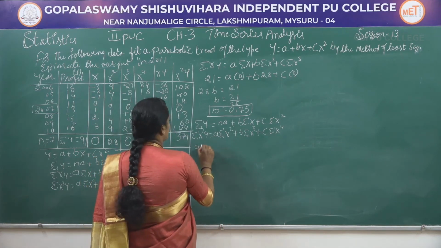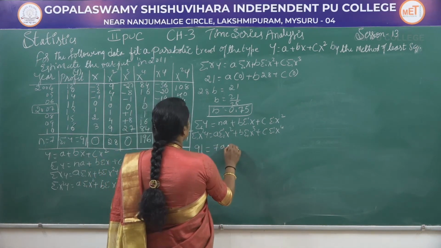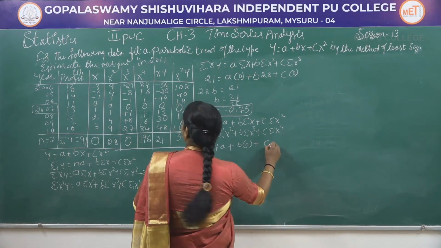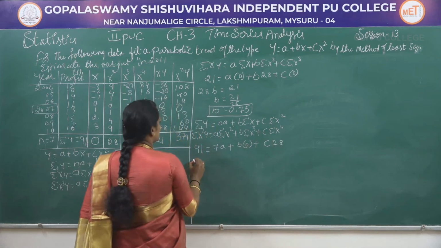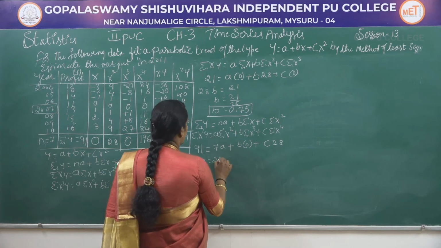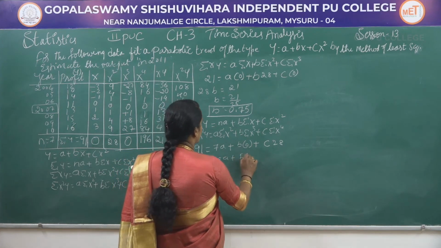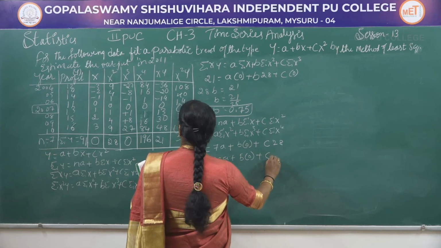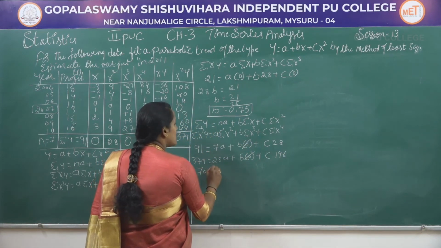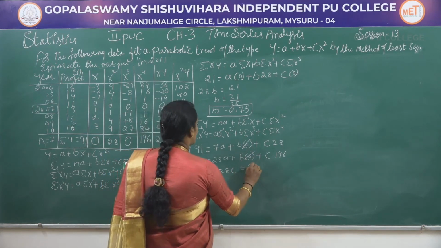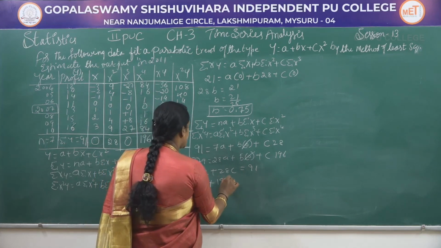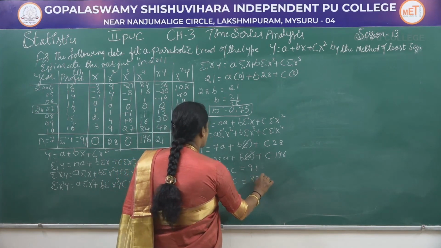It is 91 is equal to 7a plus b into 0 plus c into 28. Next 379 is equal to 28a plus b into 0 plus c into 196. This will get cancelled. 7a plus 28c is equal to 91 and 28a plus 196c is equal to 379.